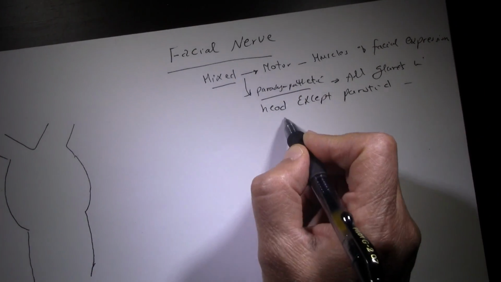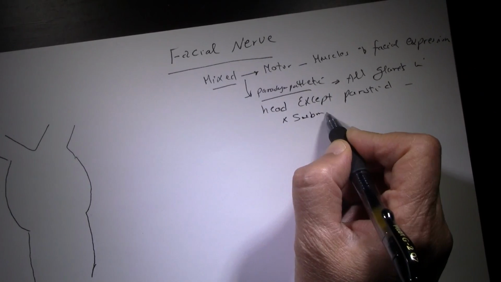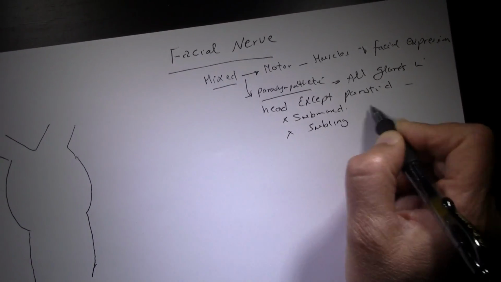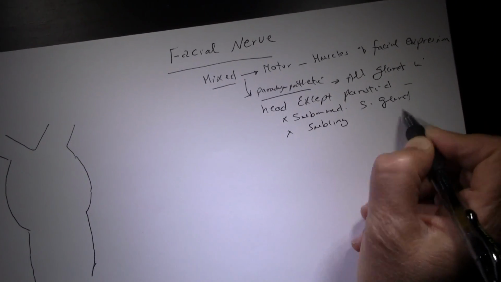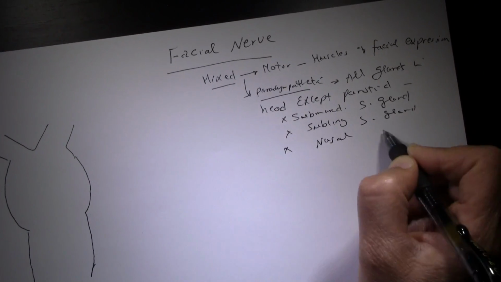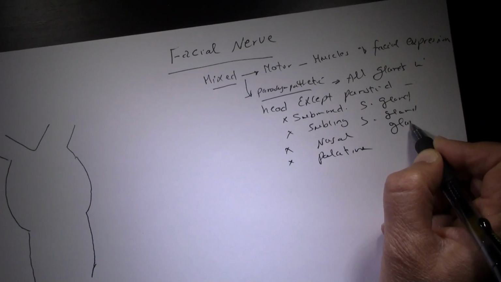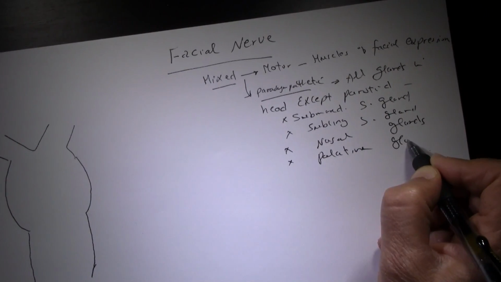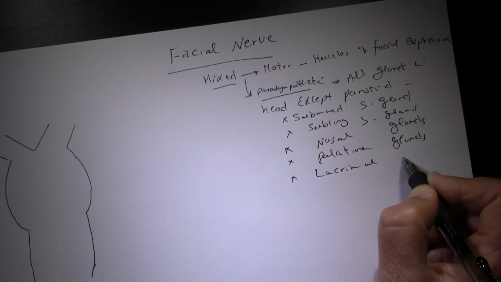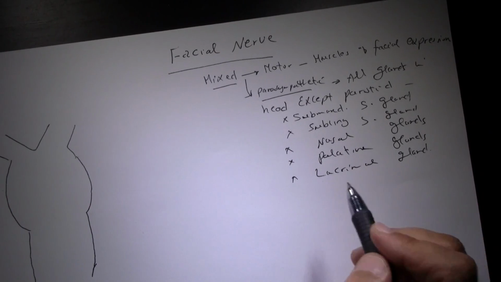When I say all glands in the head, this includes the submandibular salivary gland, the sublingual salivary gland, the nasal glands and palatine glands, and also the lacrimal glands. So all glands in the head except the parotid gland.